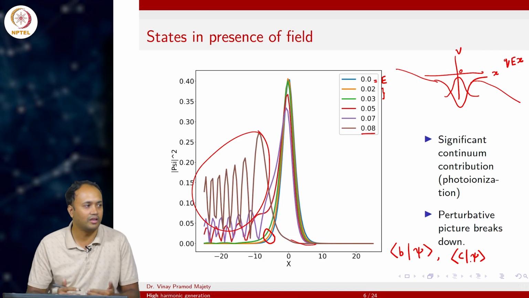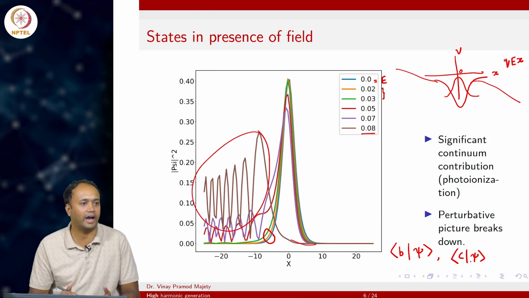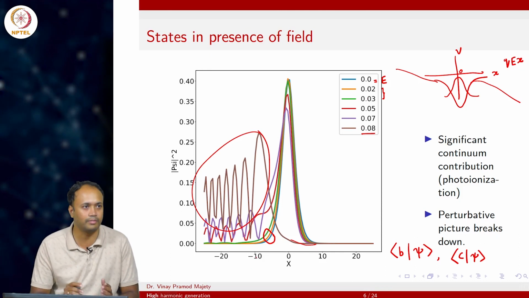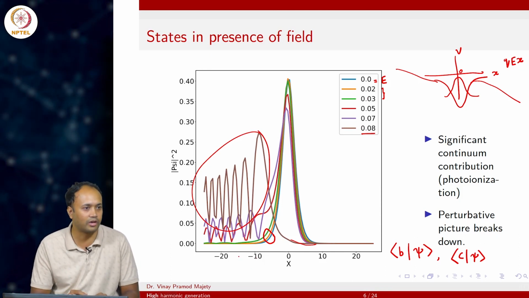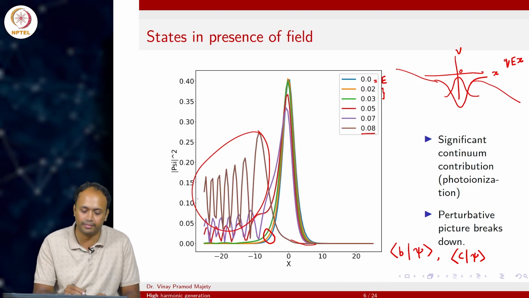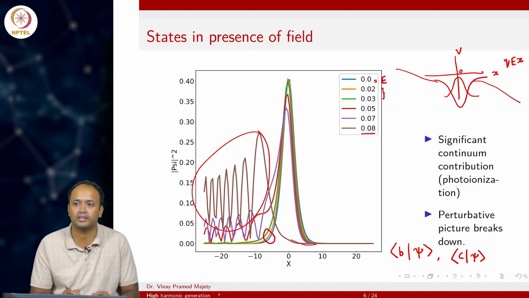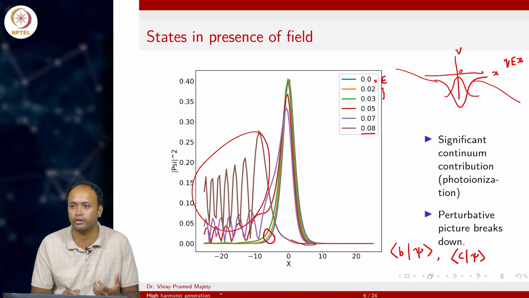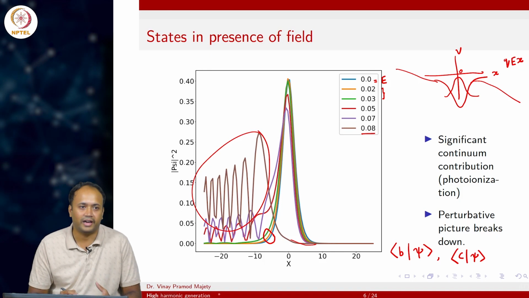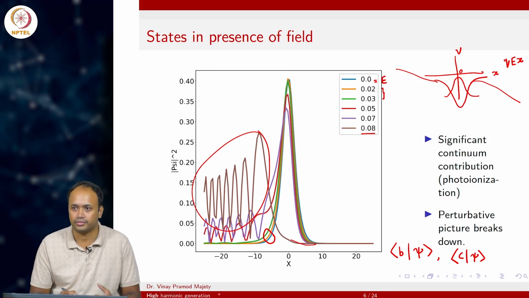If I decompose this state into the bound and the continuum states, you see that for the low field strengths, it's mostly bound in nature because they're well localized. Whereas for the higher field strengths, they become oscillatory, which means they pick up significant continuum character. So the oscillatory states would correspond to the continuum states.